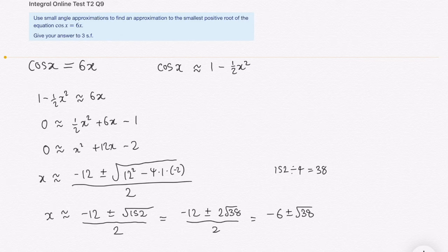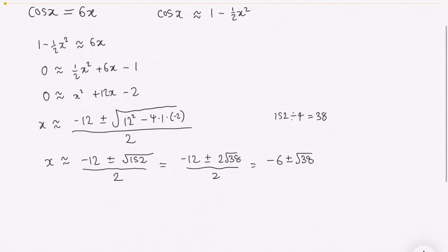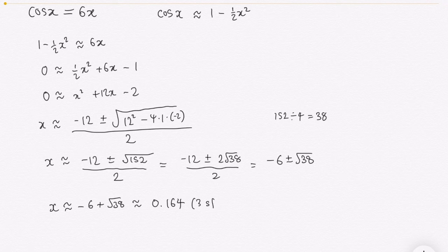Okay, but in the question it asks for the smallest positive root, so the x that we are particularly looking for is that x is approximately equal to negative 6 plus the square root of 38, and giving that to three significant figures just by using your calculator, we will see that this is approximately 0.164 to three significant figures.